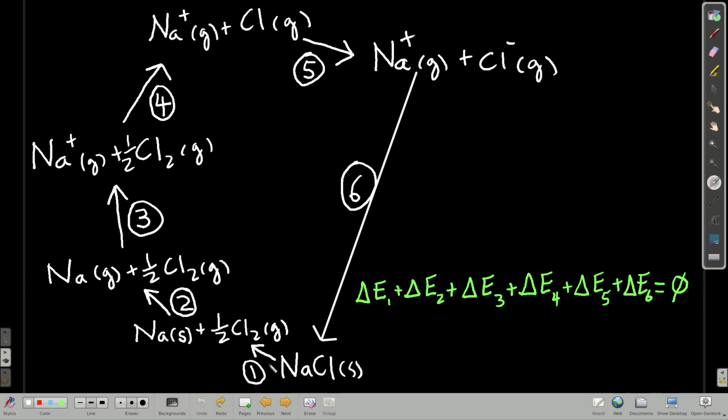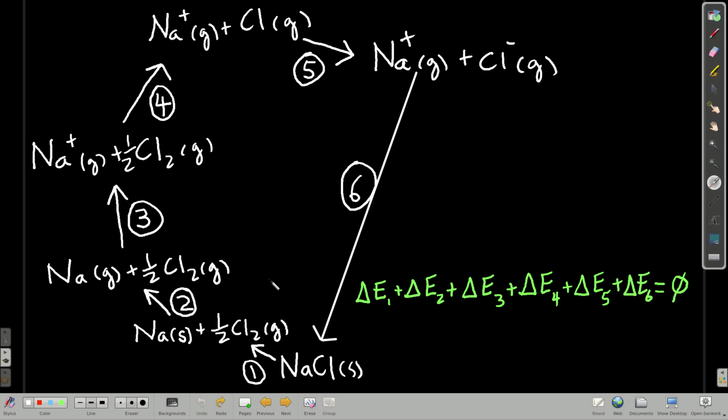So the steps that I just outlined for you: 1 is the opposite of the energy of formation, 2 would be the sublimation energy in this case, 3 would be the first ionization energy for sodium, 4 would be 1/2 the bond energy for chlorine, 5 would be the electron affinity for chlorine, and 6 is the lattice energy for sodium chloride. When you add all these up, they have to be equal to 0.